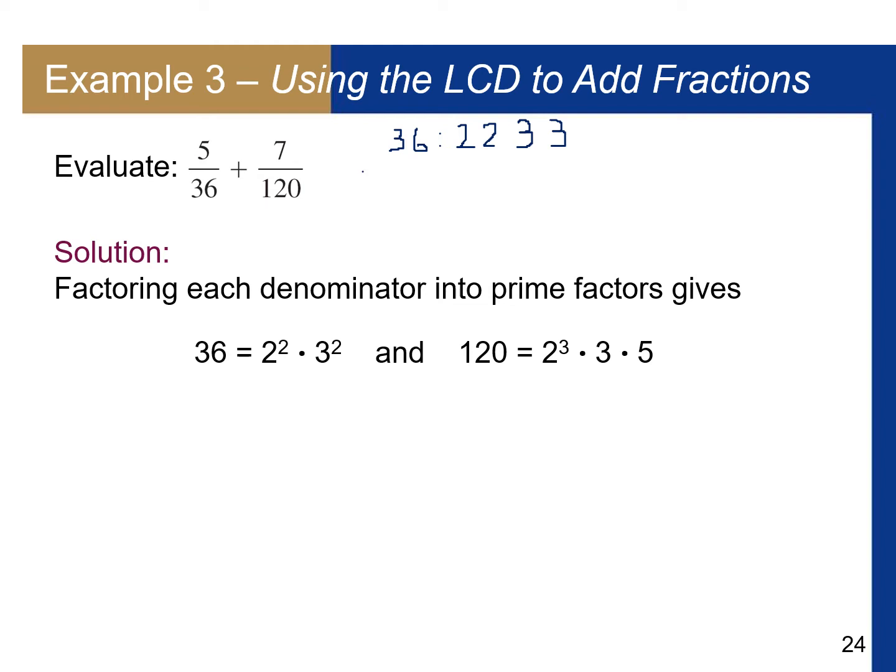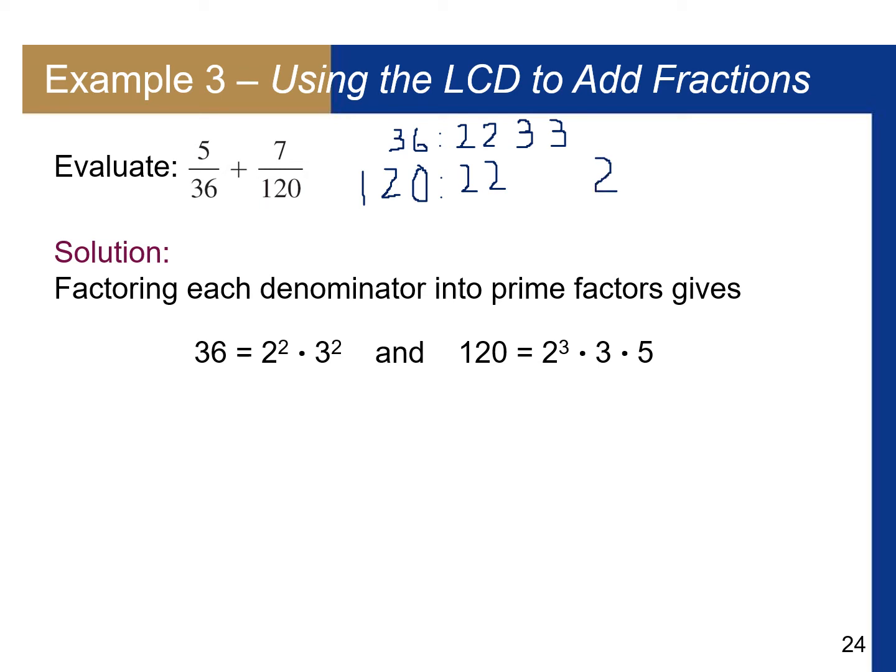Now my 120, and the reason I like to show you this is that it works for variables too when we get to those later on. My 120 has 3 2's, so I'm going to put my 2's underneath where the other 2's are already on the top. And I'm going to throw the third one out here on the side because it's extra.